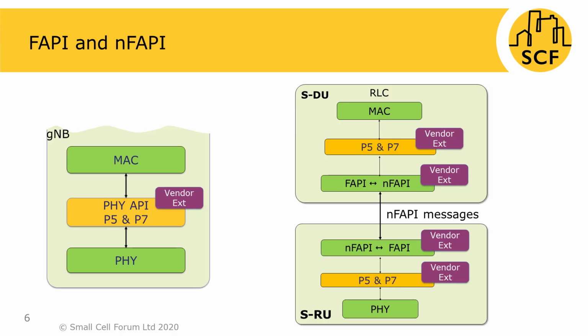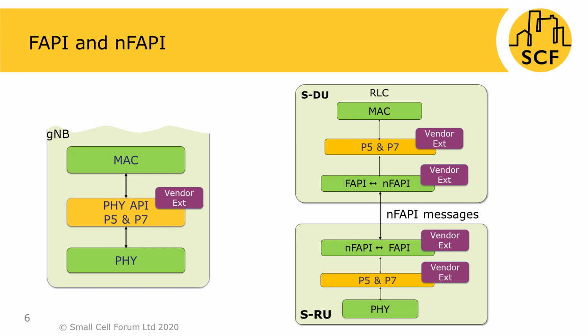These FAPI interfaces have an equivalent mapping in NFAPI. On the left side, you see the 5G FAPI interfaces, and in this slide we are showing only the P5 and P7. The P5 and P7 interfaces exist between the L2 and L1 layers. On the right side, we show how this is transferred over the network through an NFAPI interface.